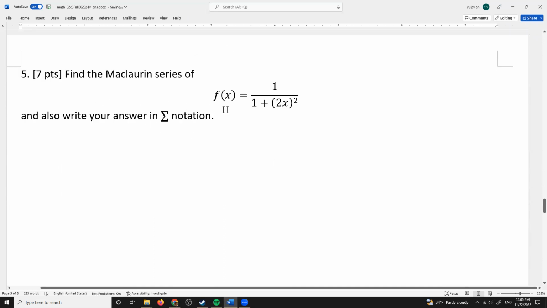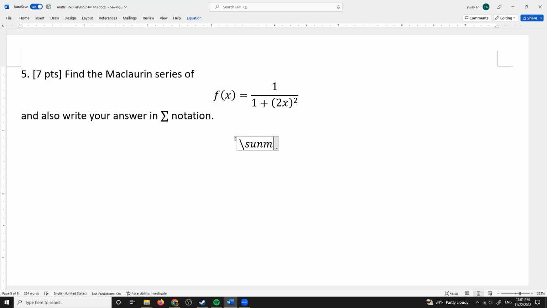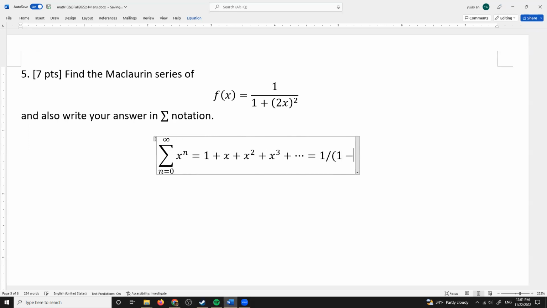Okay, find the Maclaurin series of this and also write your answer in sigma notation. Well, you have two ways to do this. Either you can use the formula I wrote in the beginning, which is the sum of x to the n from n equals 0 to infinity, which is like 1 plus x plus x squared plus x cubed plus and so on, equal to 1 over 1 minus x.